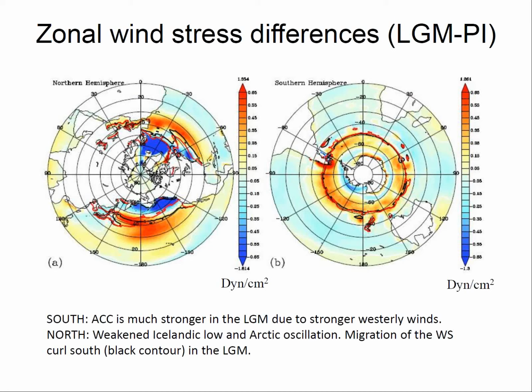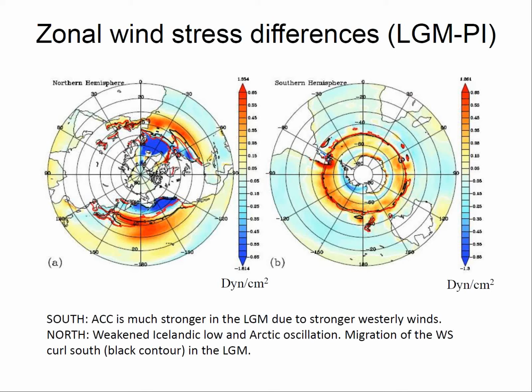So the wind stress difference between these two time periods, for just the LGM now, I focus more on LGM minus PI. In the mid-Holocene, the changes are really small, at least in the model. So we can see that there's a shift here. The black one is the LGM.